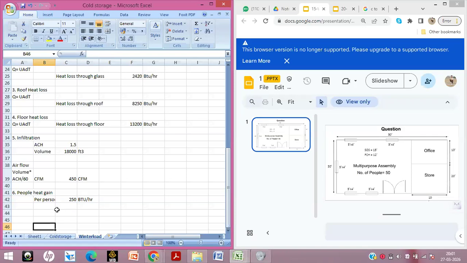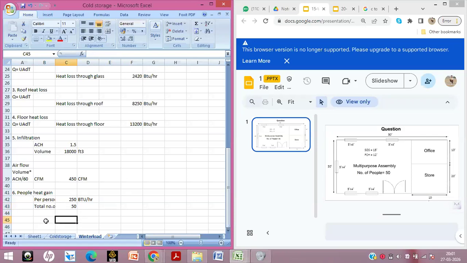Okay, so the total number of persons is 50.